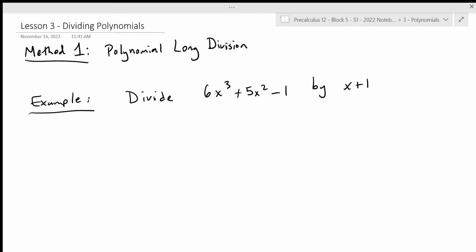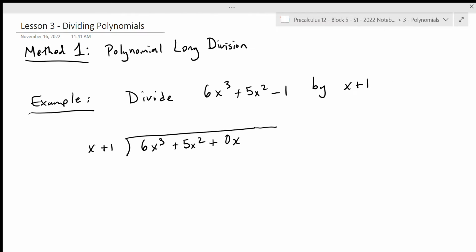So what we're going to do is set this up in a classic long division sense. What we're dividing in goes on the left. We have our division symbol, and then we are going to put 6x cubed plus 5x squared. Here is a bit that is a little different. We don't have a 0x written here, but we are going to write a 0x here.